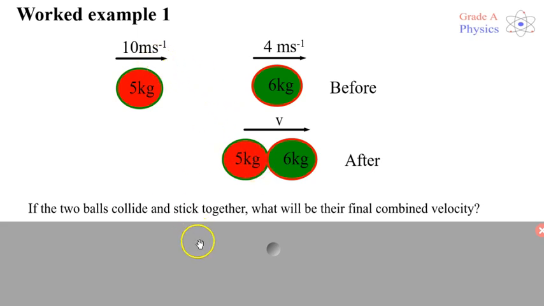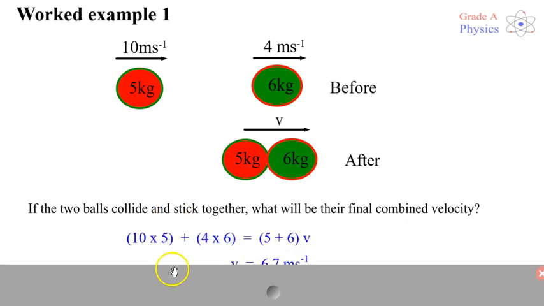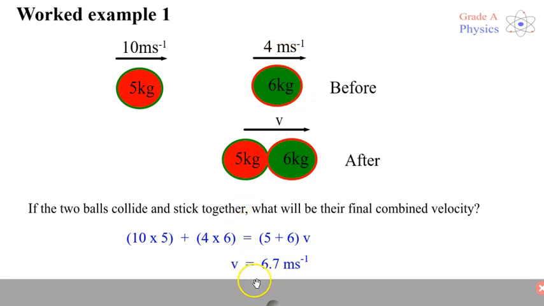So the total momentum before we can work out is m times v, 5 times 10, plus m times v, 6 times 4, and we could work that out if we wanted to. But then I could write this as an algebraic expression, because the total momentum before is equal to the total momentum afterwards. The reason this is more straightforward is because these two are locked together. So now the total mass is 5 plus 6, which is 11, and we can work this out and find the combined velocity.